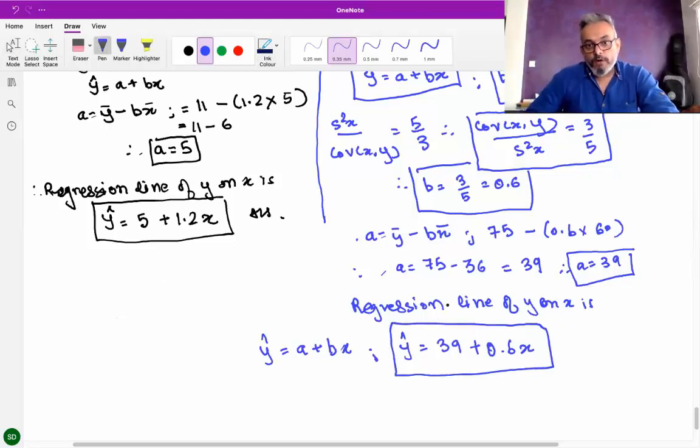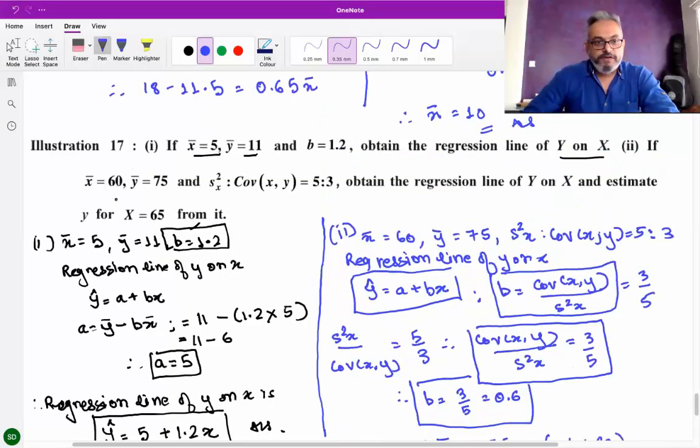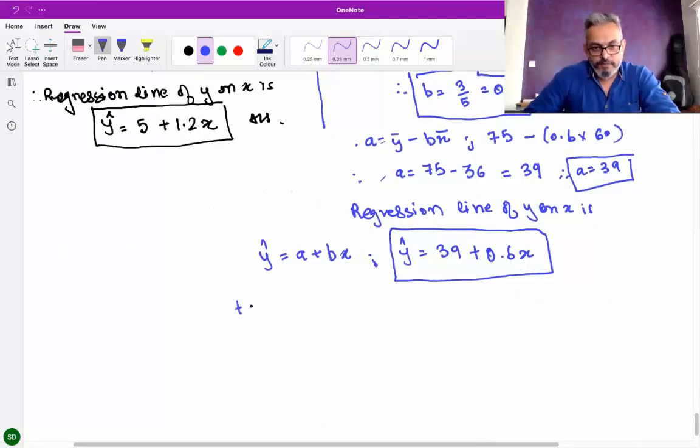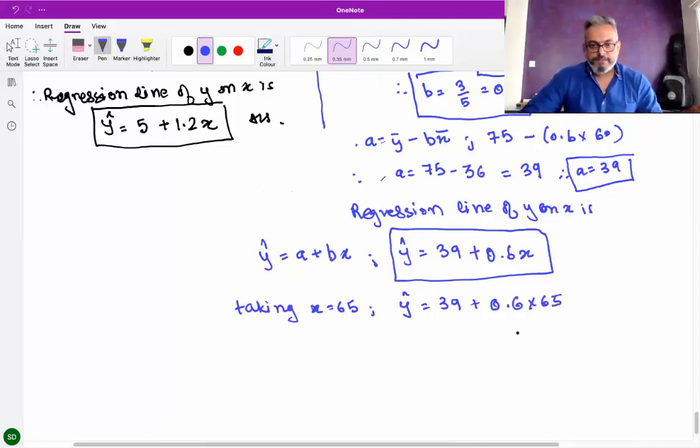Now, what we have to find? Estimate y for x is equal to 65. So taking x is equal to 65, y cap is equal to 39 plus 0.6 into 65. Therefore, y cap is equal to 39 plus 0.6 into 65 is equal to 39.